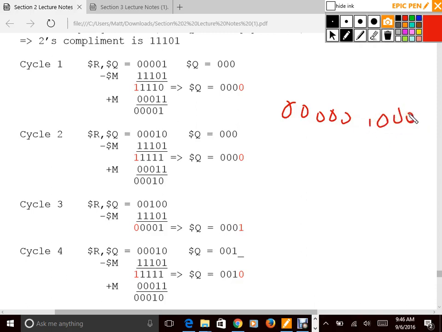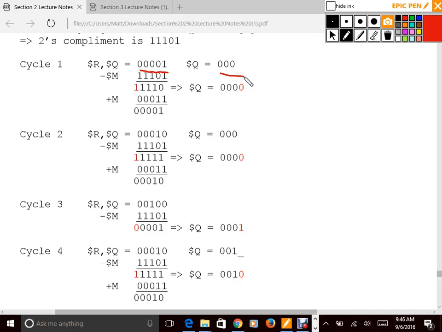And the way I describe my algorithm is you left shift the remainder, and then the most significant bit of the quotient becomes the least significant bit of the remainder, which is how we ended up with this 0, 0, 0, 0, 1 and 0, 0, 0, 0 and blank. Does that make sense? So you've got to perform this bit shift.